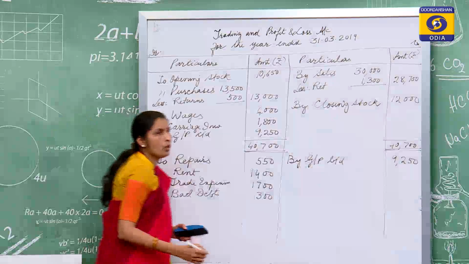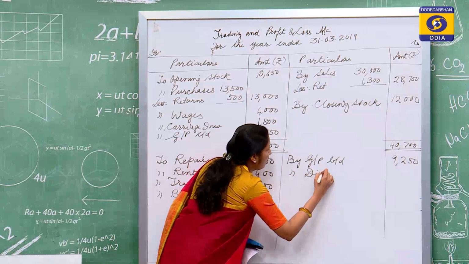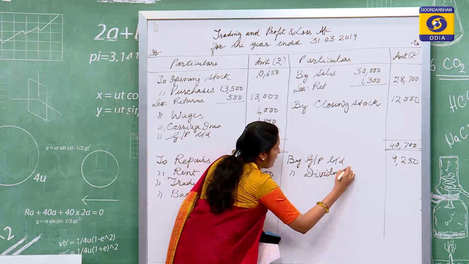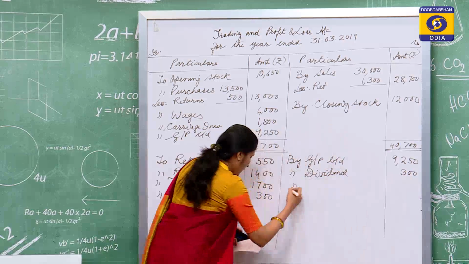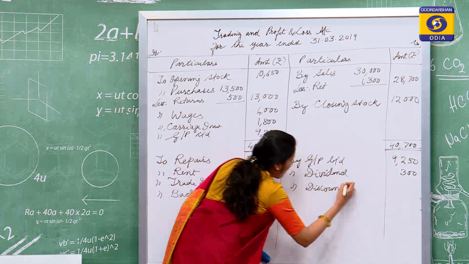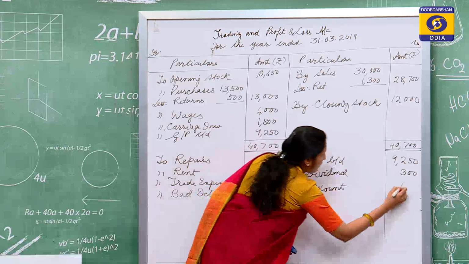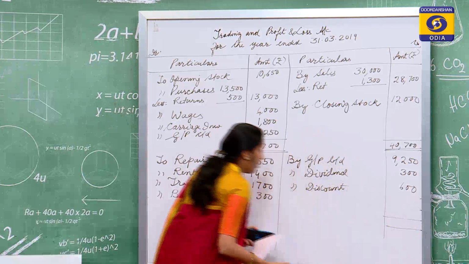We have some items on the credit side as well. So by dividend, the amount of dividend given to us is 300, and we have discount. So the amount of discount is 600. Let's now do the totaling on the credit side of profit and loss account.